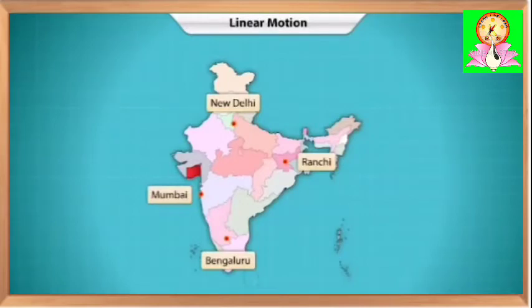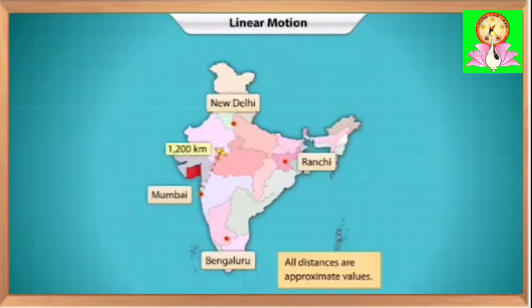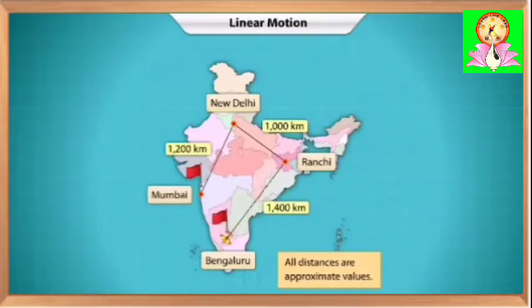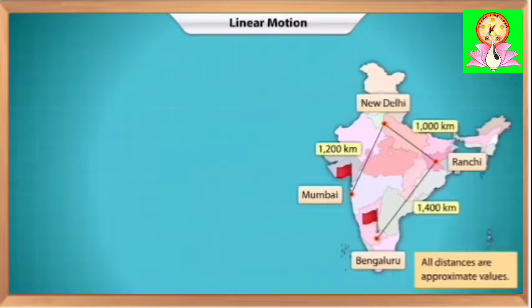How far would you need to travel if you flew from one location to several other locations in India? So dear students, distance is the length of the actual path followed by a body between the points under consideration.